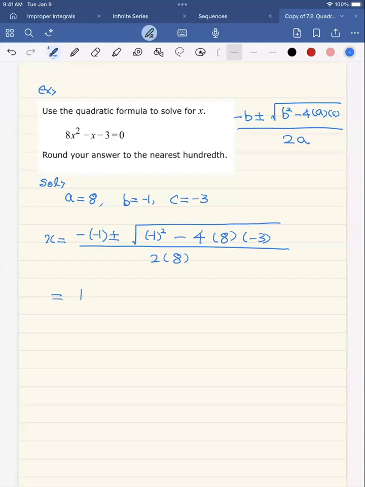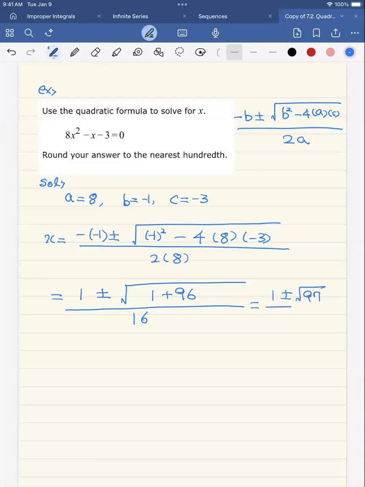So that is 1 plus or minus square root of 1 plus 96, over 16. So that becomes 1 plus or minus square root of 97 over 16.